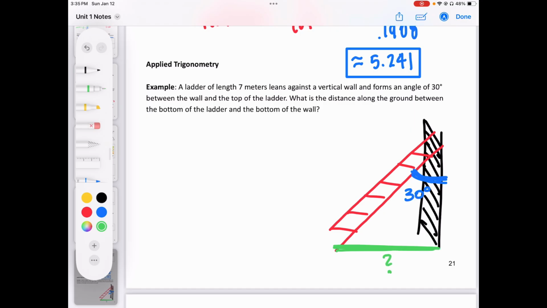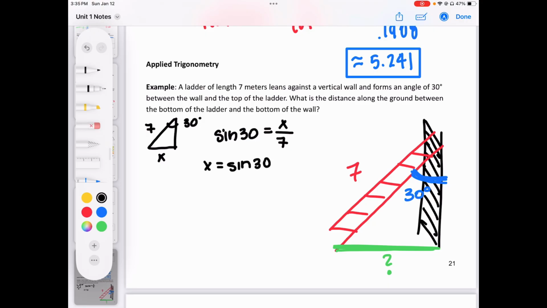So what we're unsure about is this right here, and the ladder is 7 meters long. If I were to just draw it flat, we wouldn't know what this is. We know that this is 7, and we know that that is 30 degrees. If we're interested in finding x, we're going to use 30 degrees, and I'm going to use sine because I have the opposite side and the hypotenuse. So x would be equal to sine of 30 times 7, which is going to be about 3.5 meters.